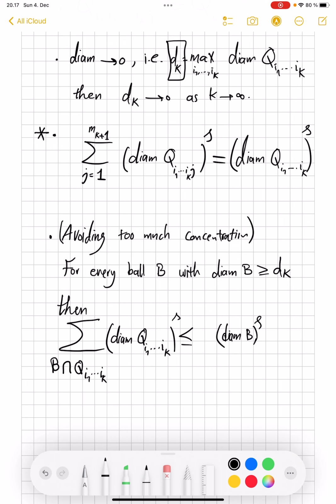And also we allow a universal C, independent of the ball and of k. So it's a universal constant.